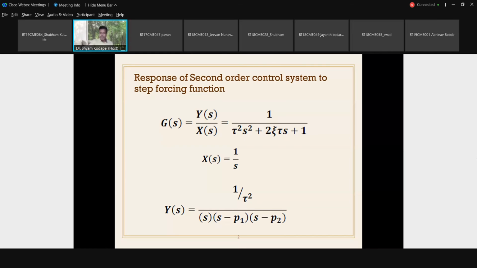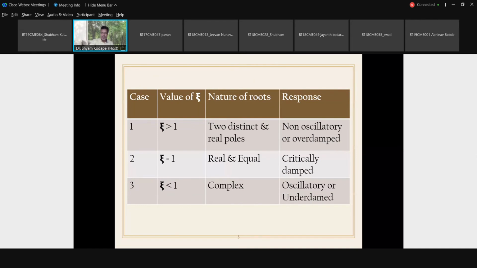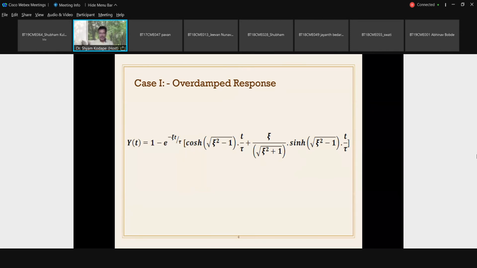Okay, so see here, we have already compared this damping factor. Now, when we say the overdamped response, it will be like this.